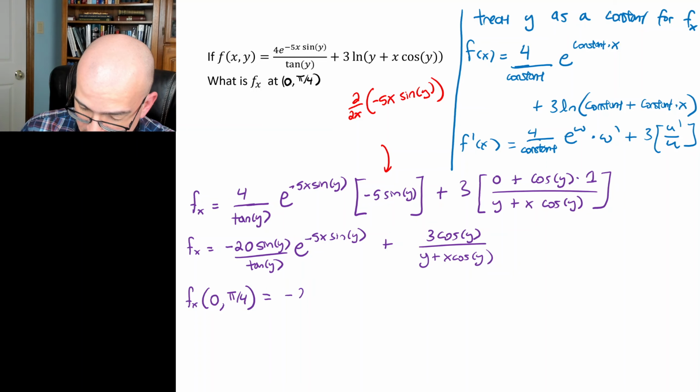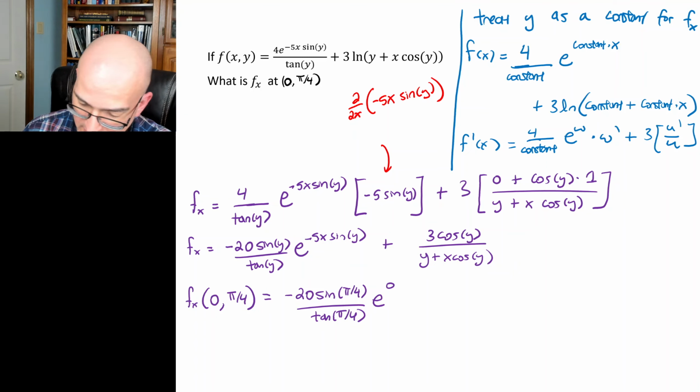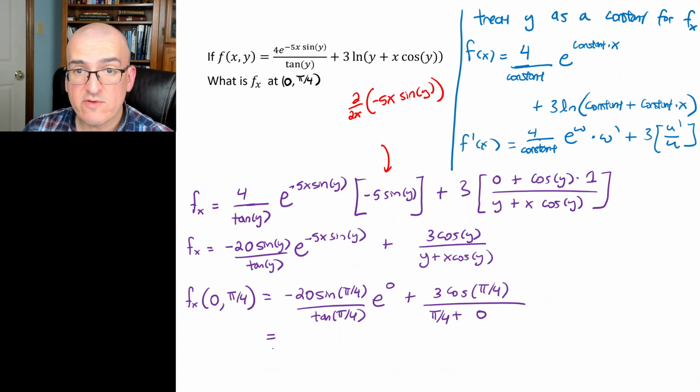So we have negative 20 times the sine of pi over 4 over the tan of pi over 4 times e to the negative 5 times 0 times sine pi over 4, whatever that is, it's going to all multiply out to 0, plus 3 times the cos of pi over 4 divided by pi over 4 plus 0. And we can simplify. E to the 0 is 1. Sine of pi over 4 is 1 over root 2. Tan of pi over 4 is 1.